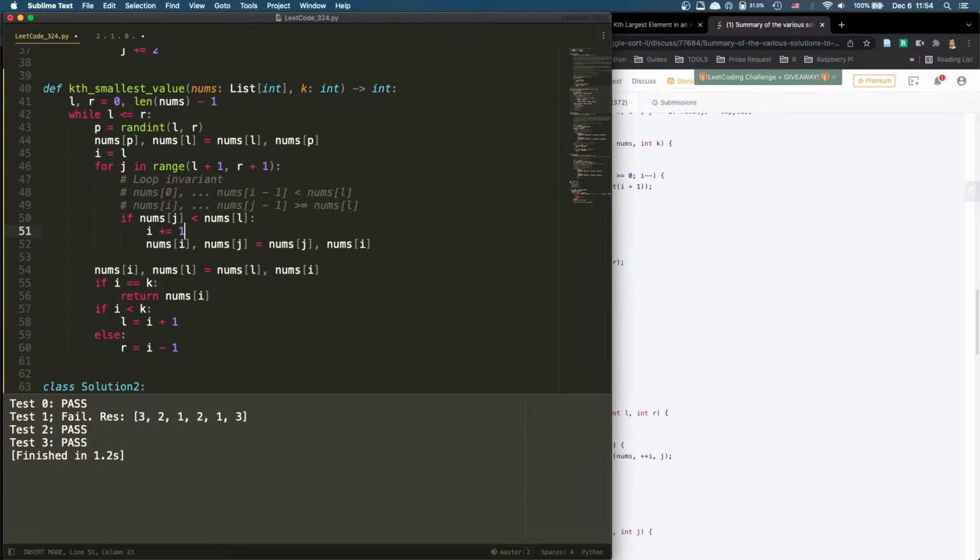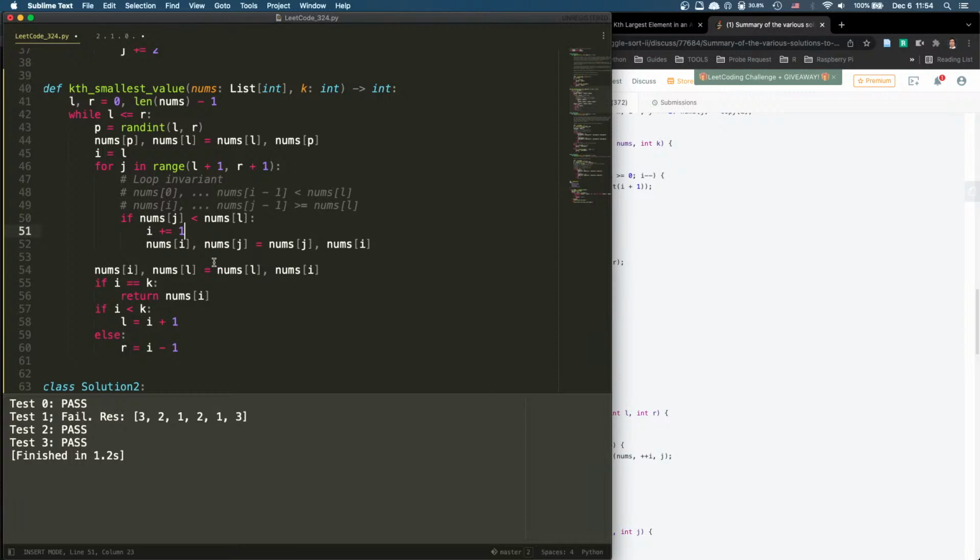Yes, I need to plus equal 1 first. Because when I swap, I want to swap J, which is a smaller value, to the front.